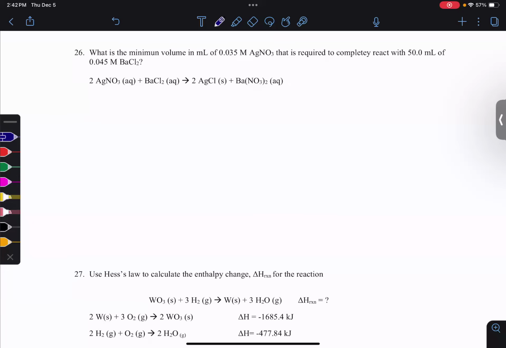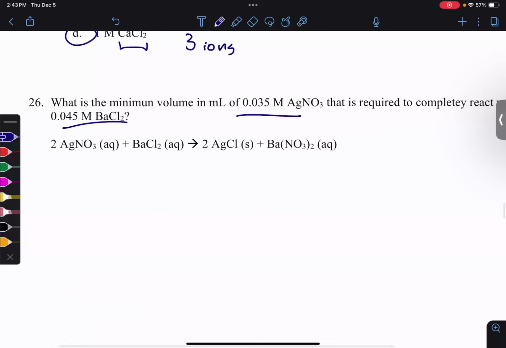31. Okay. All right. So what is the minimum volume of silver nitrate required to react with 50 mL of barium chloride? All right. Here's the trick. If you see a molarity, rewrite it into an equality that's useful to you, because I have no idea what big M means.